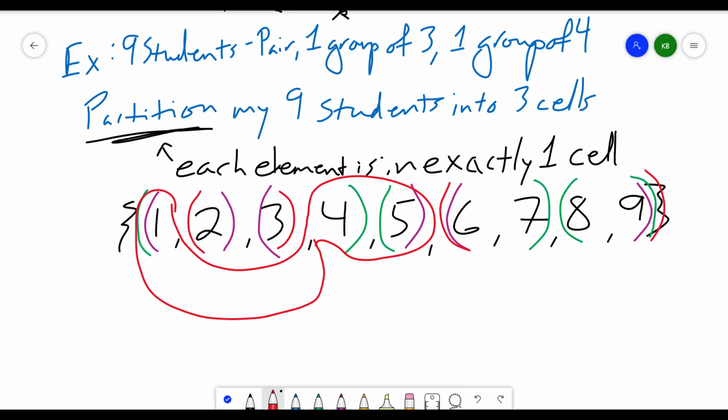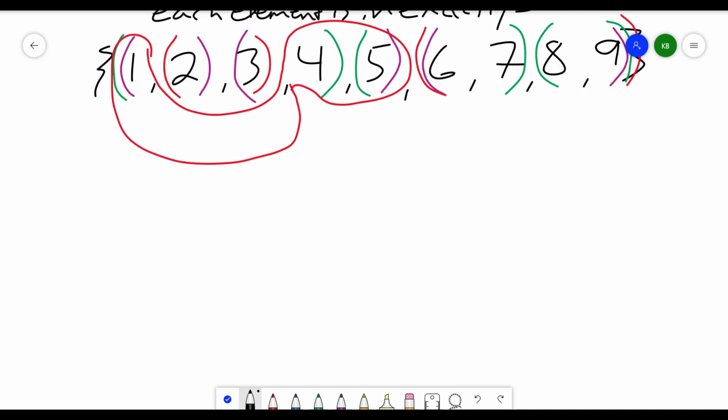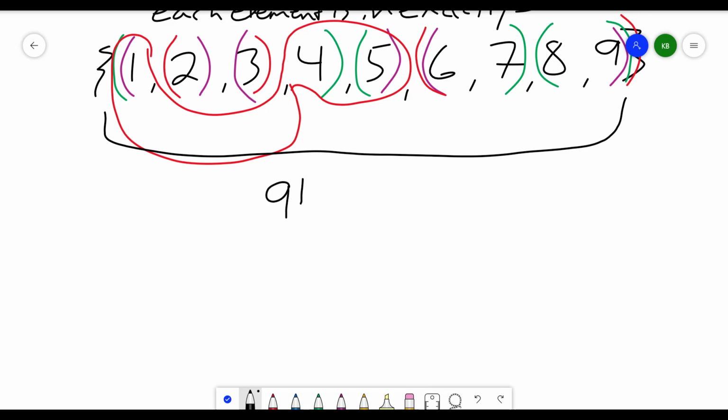So one way that we can think about how we're going to do this is to take my 9 elements in my set and say I'm going to put them in some order. And I can put them in any order. So I have 9 factorial ways of doing that.